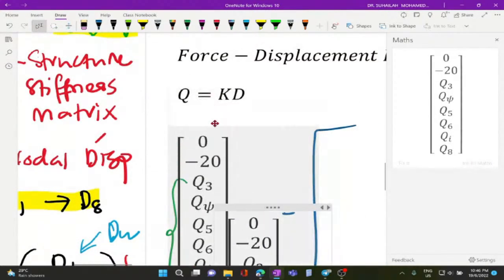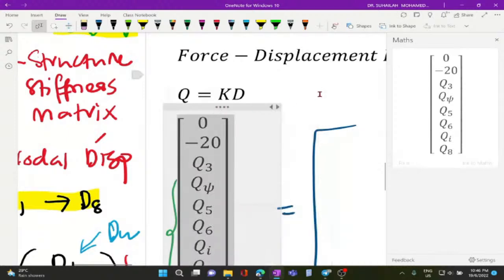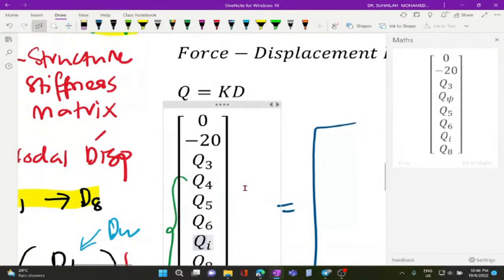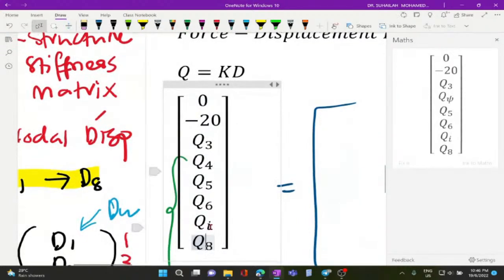This is the nodal force, and we will adjust this. We get this as Q7.